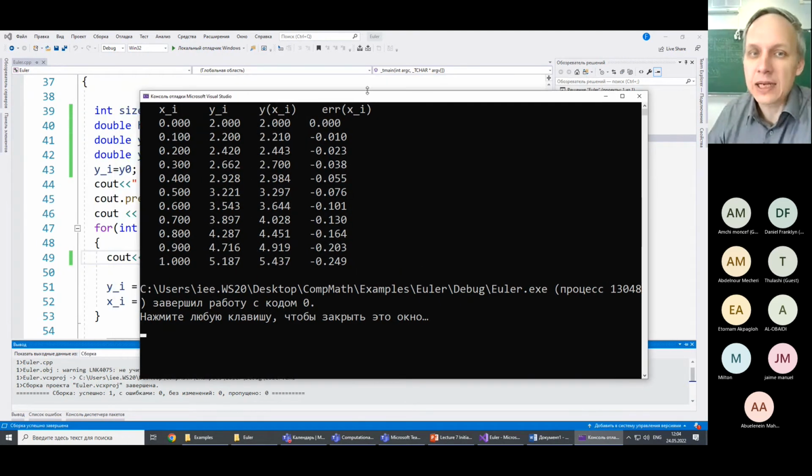The error becomes larger step by step. At the initial point, the error is 0. Next point, the error is 0.01. Next, 0.023, and so on. The error becomes larger.